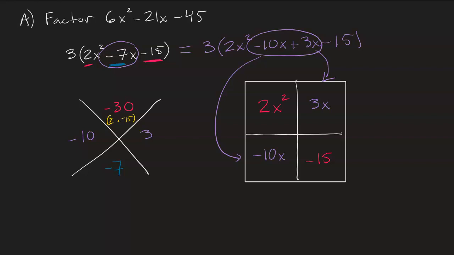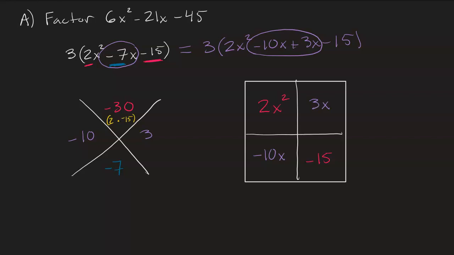Okay. Let me erase these arrows. Actually, I'm going to need the space. All right. So now what I want to do is find factors of each box where the top row and then the left column create the product within the box.